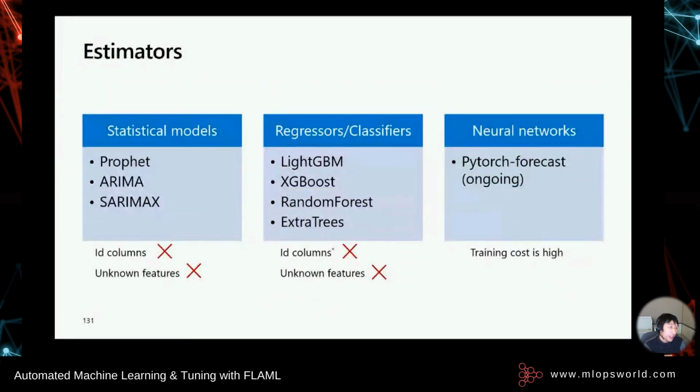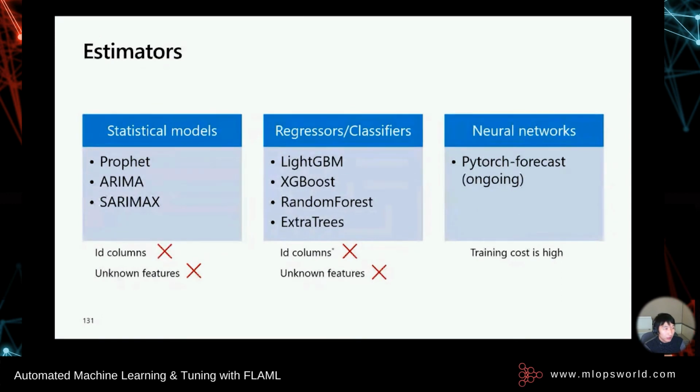FLAML supports three categories of estimators. Traditional statistical models like Prophet, ARIMA, and SARIMAX are specialized for time series forecasting. They are designed for forecasting a single time series, so they don't allow ID columns. Regressors or classifiers like LightGBM and XGBoost can be used for time series forecasting with appropriate feature engineering.